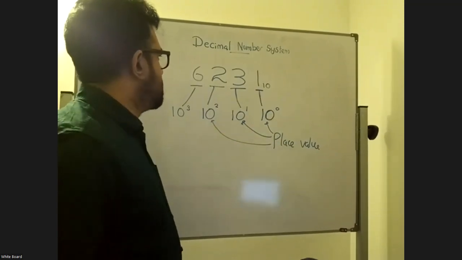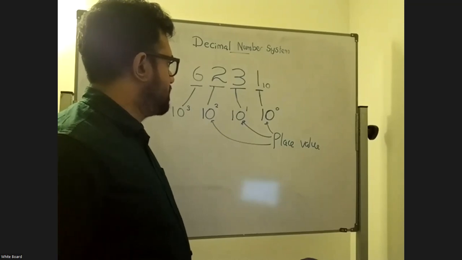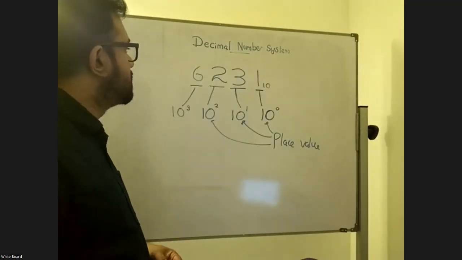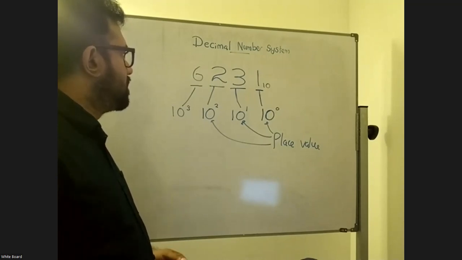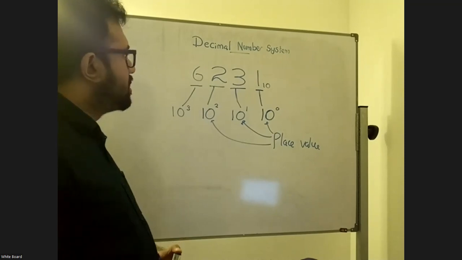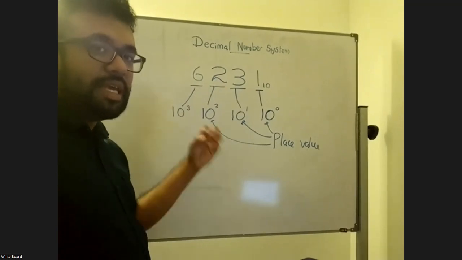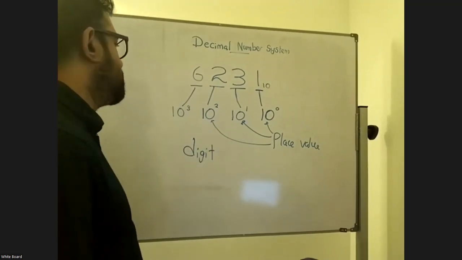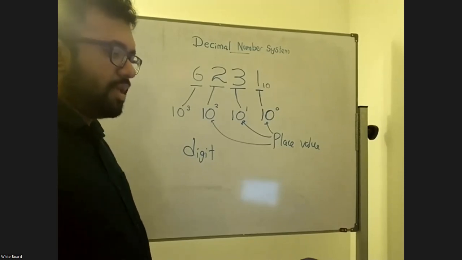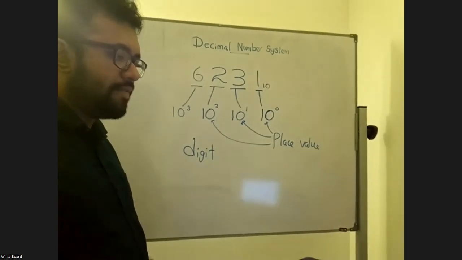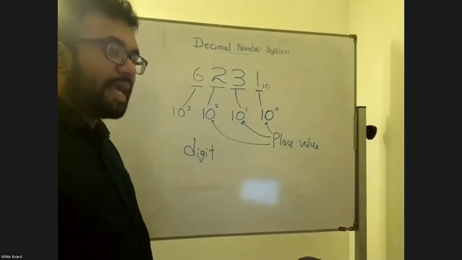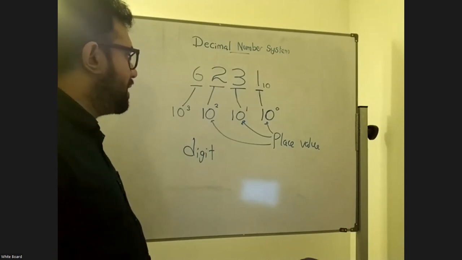So this is the place value. Write down: each digit of a decimal number is having a place value as indicated.